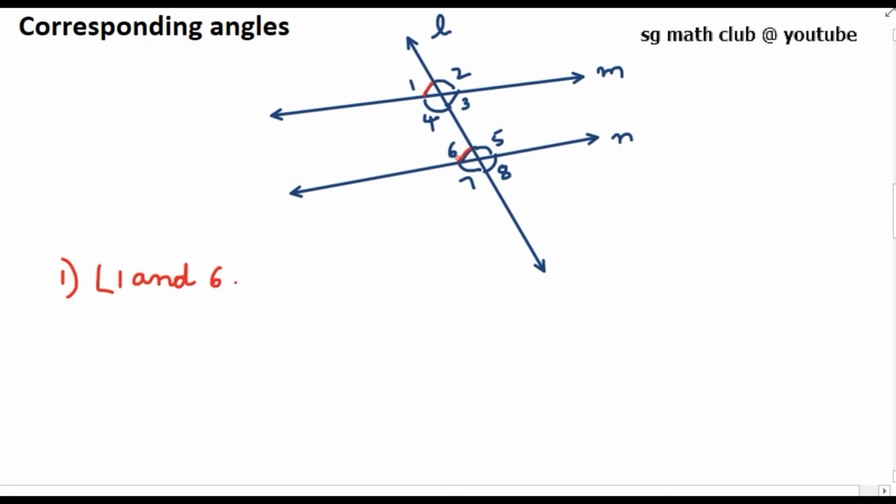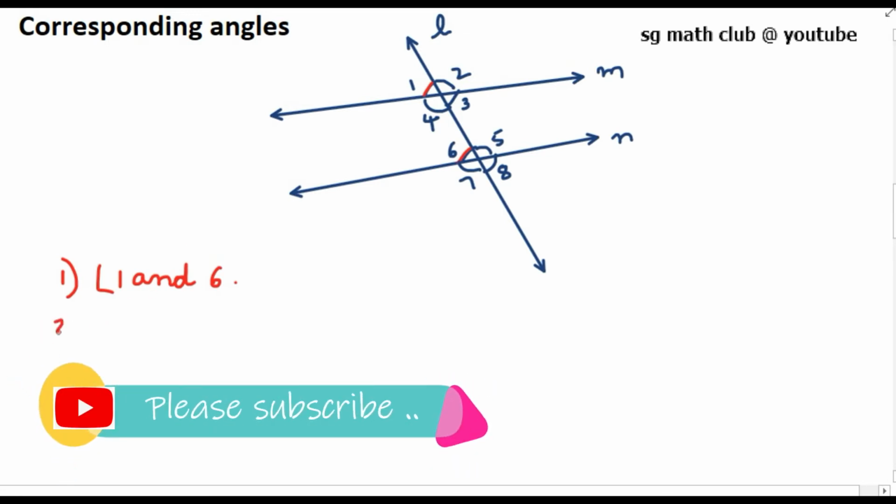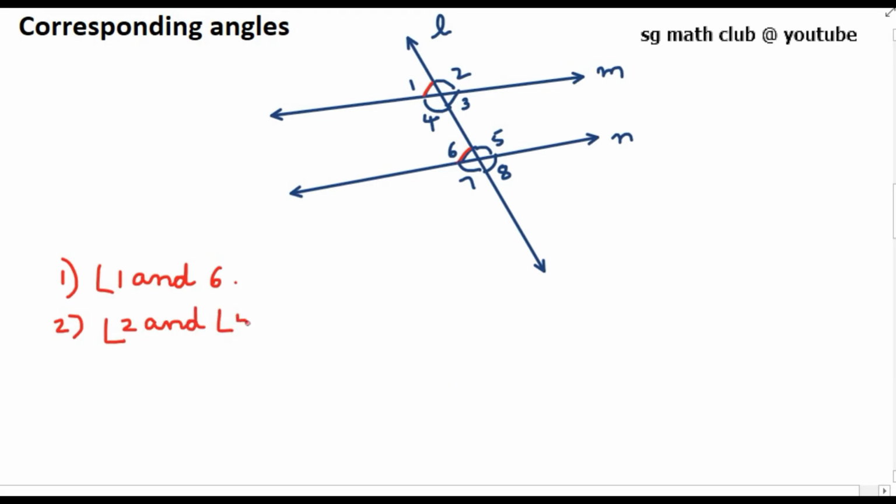Again, angle 2 and angle 5, that is also a pair of corresponding angles. Now the third one is angle 4 and angle 7, and the fourth one is angle 3 and angle 8. So these are the pairs of corresponding angles.